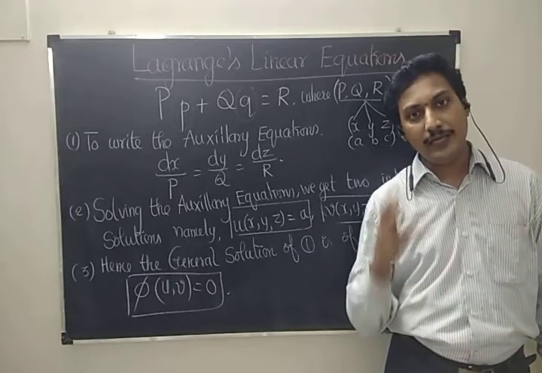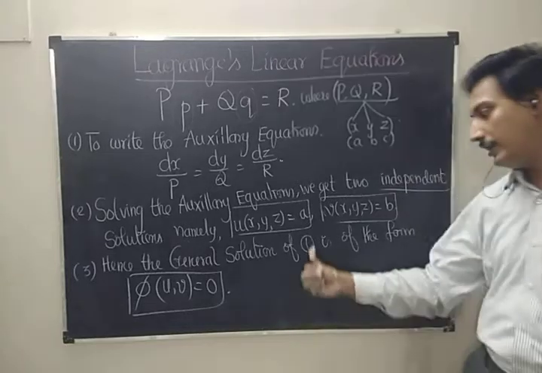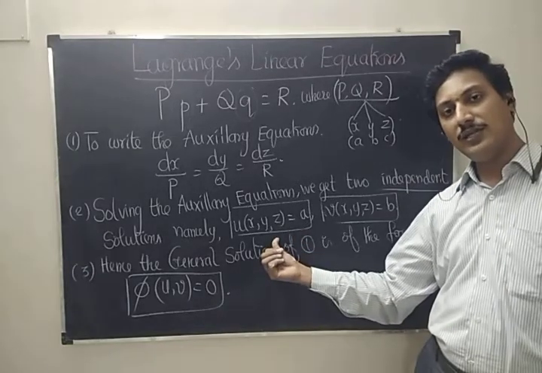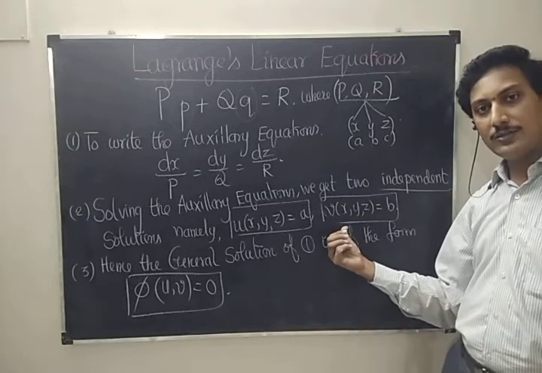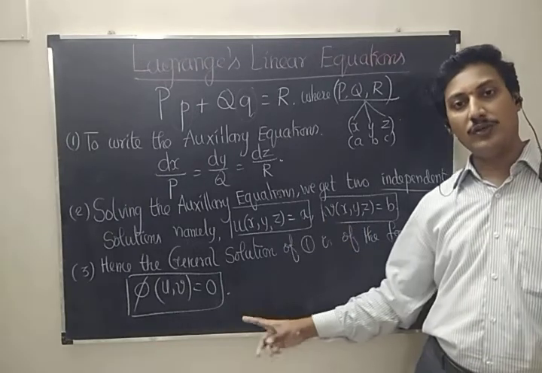But our ultimate aim is to get two independent solutions, namely u of x, y, z equal to a and v of x, y, z equal to some constant b. Once we have these two, we move on to the last step.